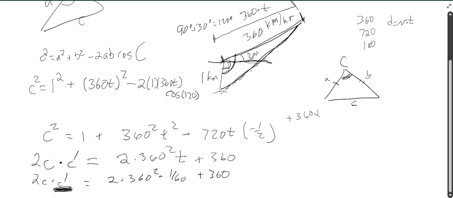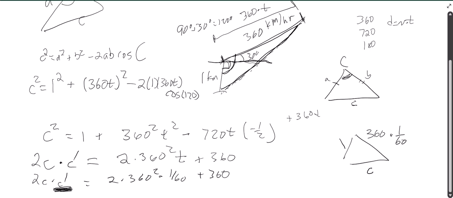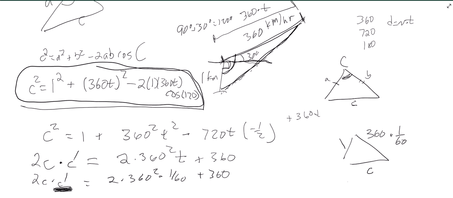I still have that 2c to solve for, and I'm going to solve for it by filling in this triangle, 1 and 360 times 1/60, and then that's c. So you plug 1/60 into this equation, solve for c, plug that c in there, and then you can get c prime. Okay, I have to go.